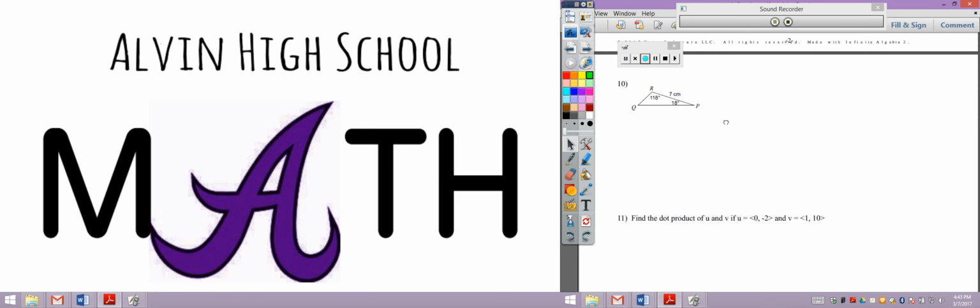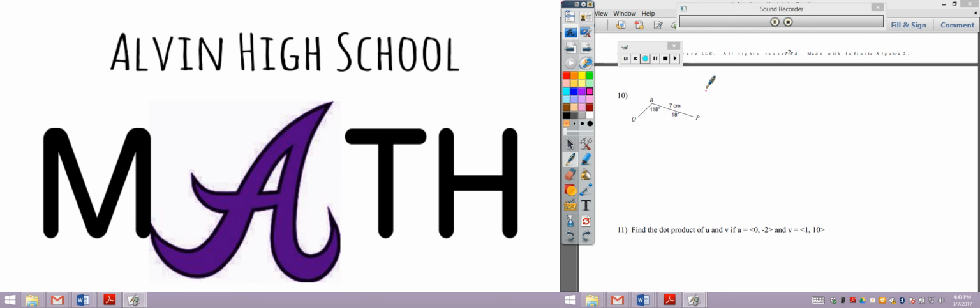Alright, in 10 I got to do a little bit more work because I'm not given side, angle, side. But the easiest thing to get is actually side, angle, side. So I have this side, I have this angle. If I find side little r, I can do it. Or you can find little p and do P, 118, and 7. It doesn't matter. I'll find R. So I have to do law of sines. So first I have to find angle Q by subtracting from 180.